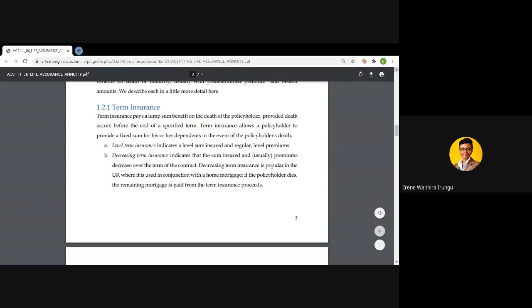So that is what we mean by the decreasing of the sum assured. And in the same manner, the premiums will also be decreasing, so that in the first year, Brian's dad will be paying 10,000 in premiums. In the next year, it will be an amount which is less, let's say 9,000, like so, until the end of the term of the contract or earlier death. So is that distinction clear?